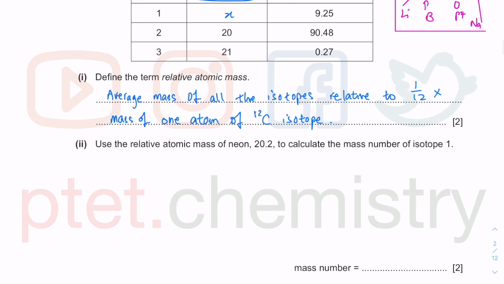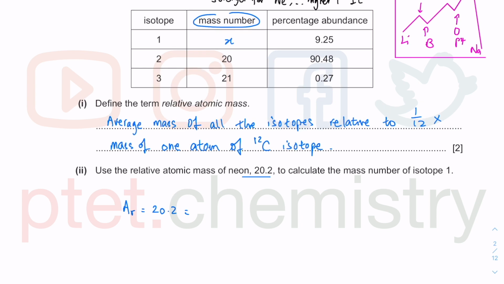Now we've got to use the relative atomic mass of neon, 20.2. It's very close to 20 because isotope 20 is abundant at close to 90% there. So we know the relative atomic mass is equal to the mass number times the percentage abundance. So 9.25 times x plus 90.48 times 20, and then 0.27 times 21.